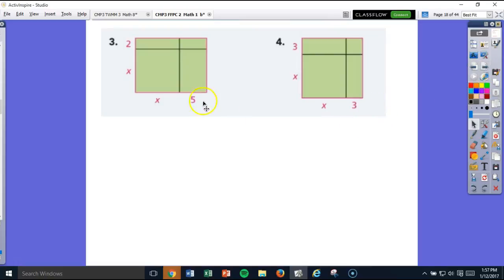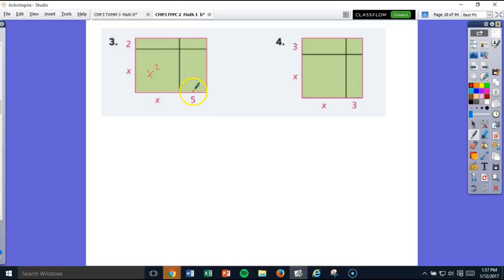I'm going to jump ahead to number 3 here and hopefully give you a little bit more visual of how this works. So we have this rectangle divided up into 4 other shapes, a square and then 3 rectangles here. So in the first one, to get the area, we have x times x for our length times our width. So we have x squared in here.